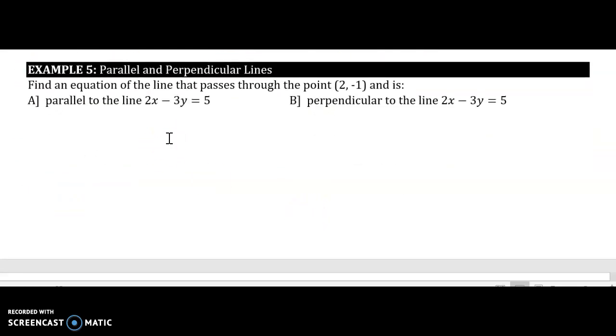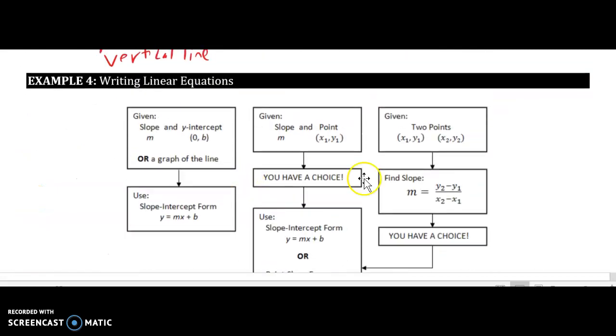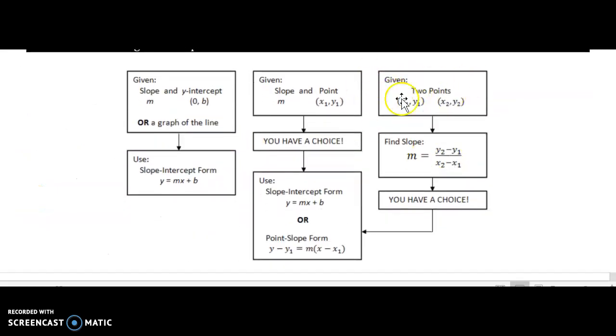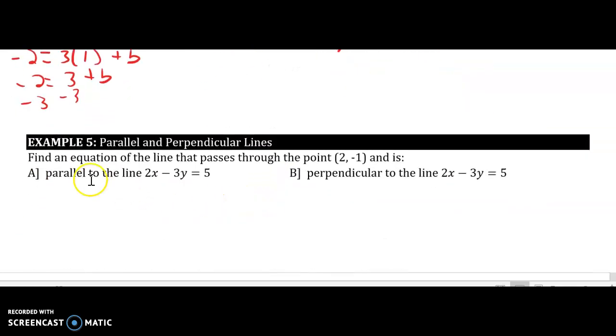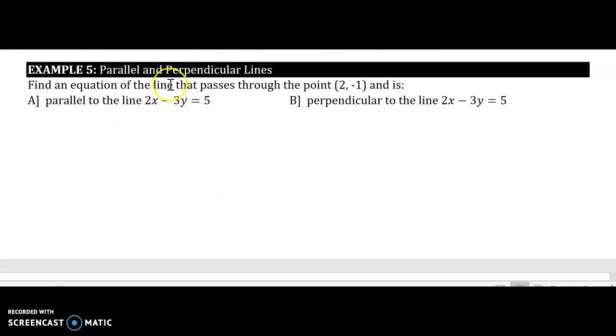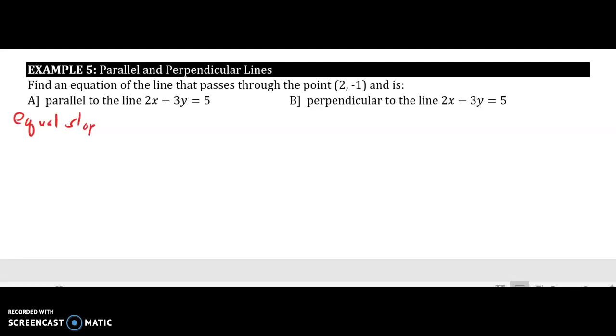Now for this example, going with the flow chart, we're not given 2 points or a slope and a point. We're kind of given a slope and a point, but we have to find the slope first. So we're looking for a parallel line. What did we say about lines that are parallel? They have equal slope.